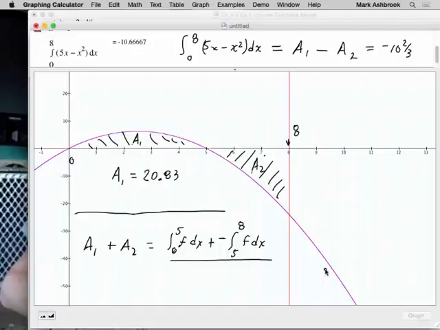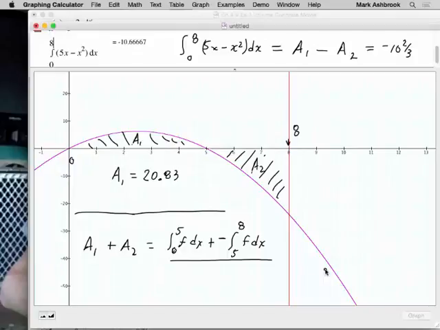So in order to use an integral expression to get that total area, you'd have to add A1, the integral from 0 to 5, plus the opposite of the integral from 5 to 8 to make that thing positive.